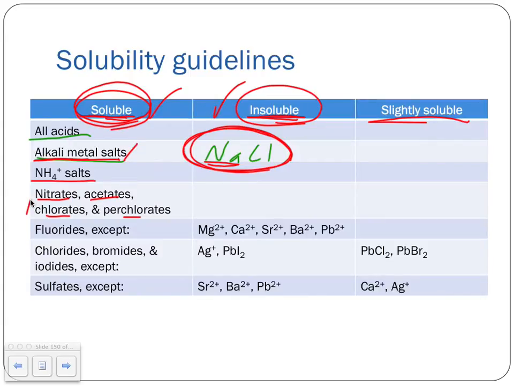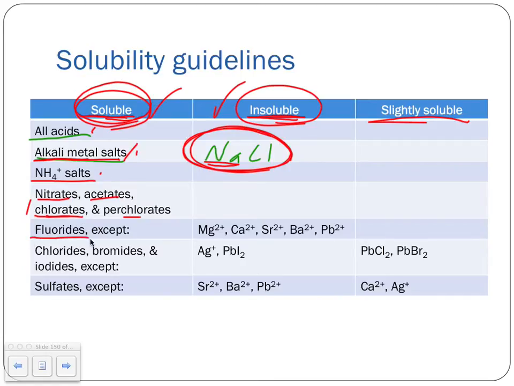But let's say something like aluminum chlorate. Aluminum is not hydrogen, so it's not an acid. Aluminum is not an alkali metal, it's not ammonium, but because it's a chlorate, it's aluminum chlorate, then it would be soluble. All right?